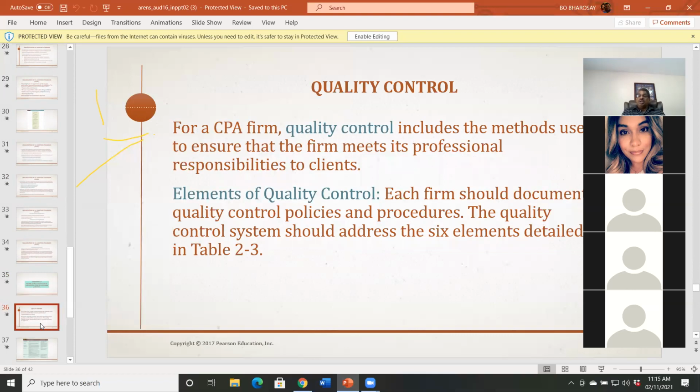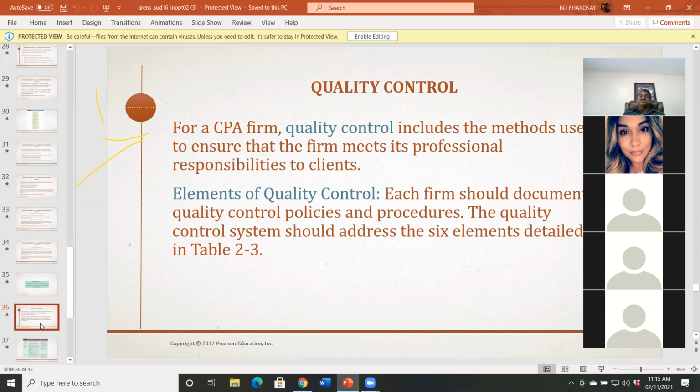So, like teaching, we're putting out an intangible, and we have to evaluate the quality of that intangible. CPAs, we are putting out the service, and we want to evaluate the quality of that service. And that's why we have quality control standards.